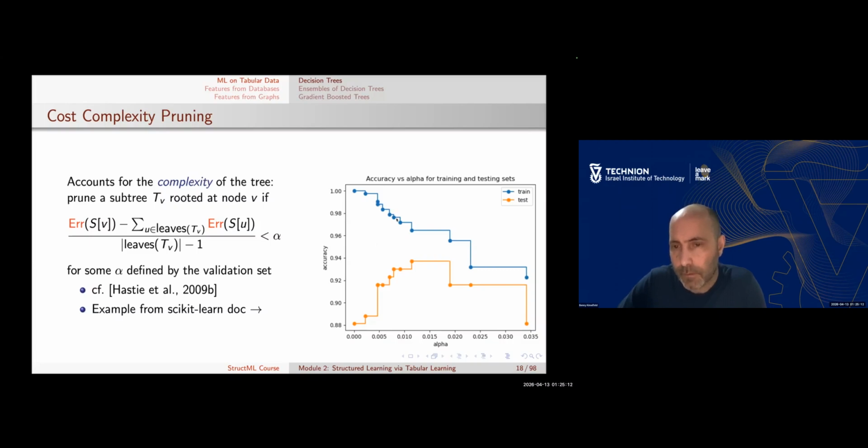And you can have a higher and higher alpha, which means that you'll be pruning, or collapsing, more aggressively, until at some point you will over collapse. You will oversimplify. Your bias will be too high, and then you will start actually losing a bit on the test set. Okay, so there's some sweet spot where you want to be and choose a good alpha. That's the idea.